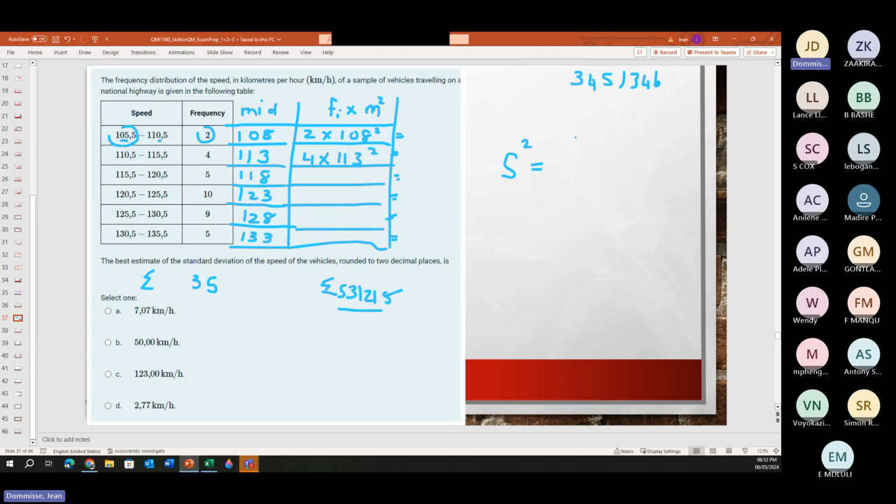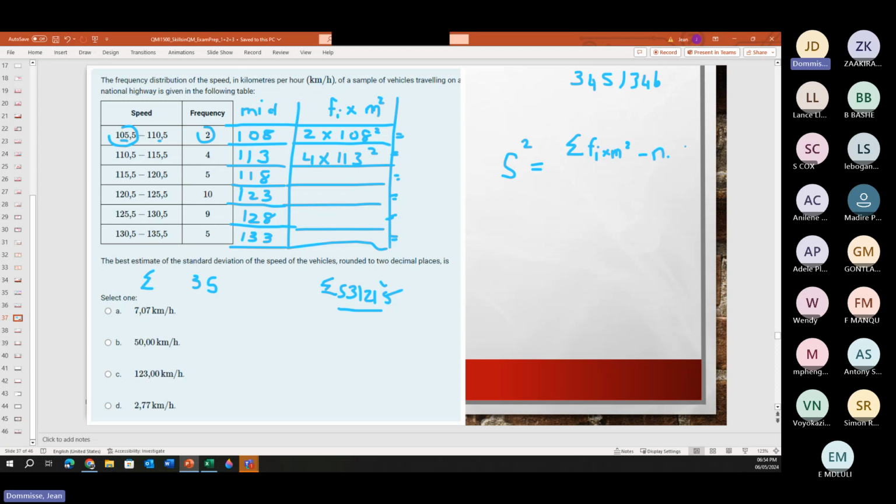So the formula is basically that sigma f times m2. So it is that thing that we have there, minus n times the mean.